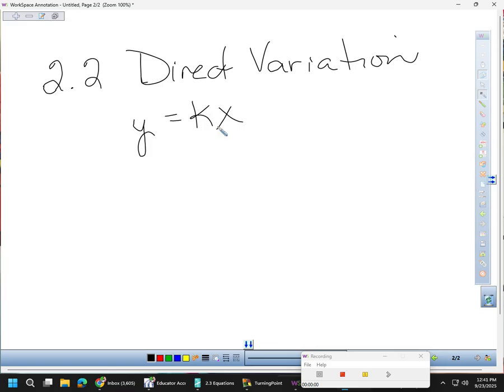Oh, somebody remembers a little something. Y equals kx. In order to find k, we would divide our x over. So it's always y divided by x to find our k. Our k we call our constant of variation.